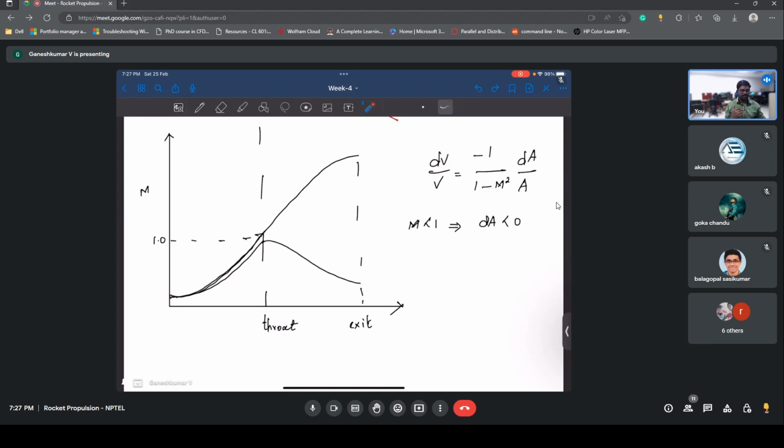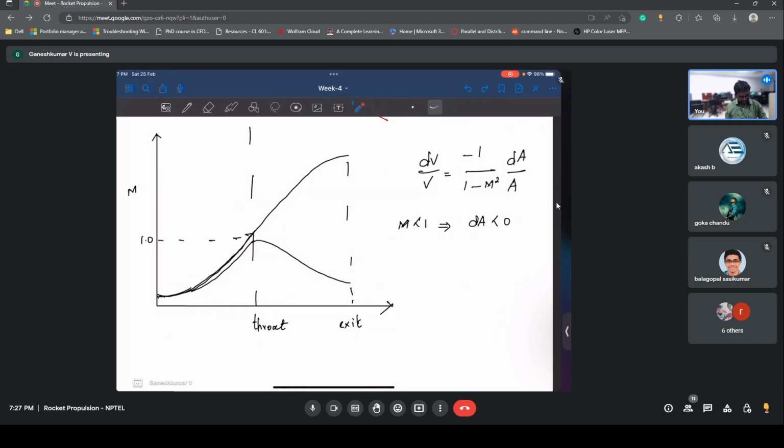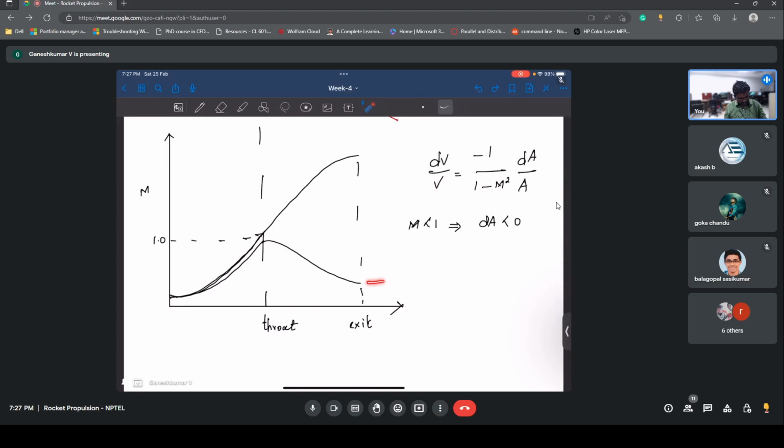If there is some change in pressure, you will be able to feel it, because the information reaches you faster since you are moving at lower velocity. That is the reason if I have a subsonic flow, based on the pressure gradient my velocity will keep decreasing and it will become fully subsonic. So there is no shock.